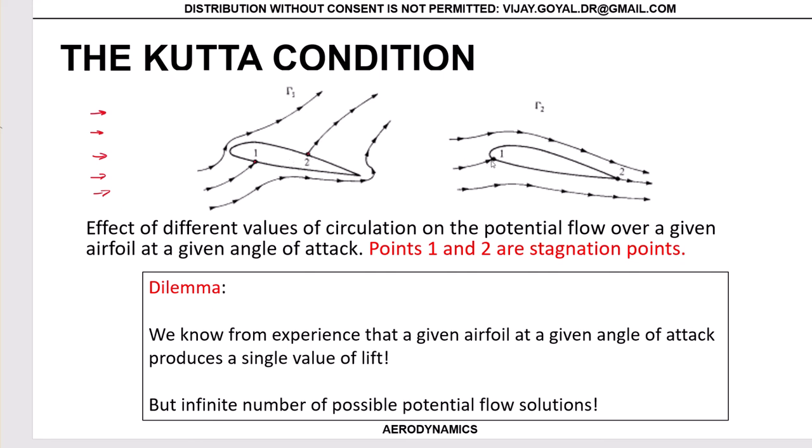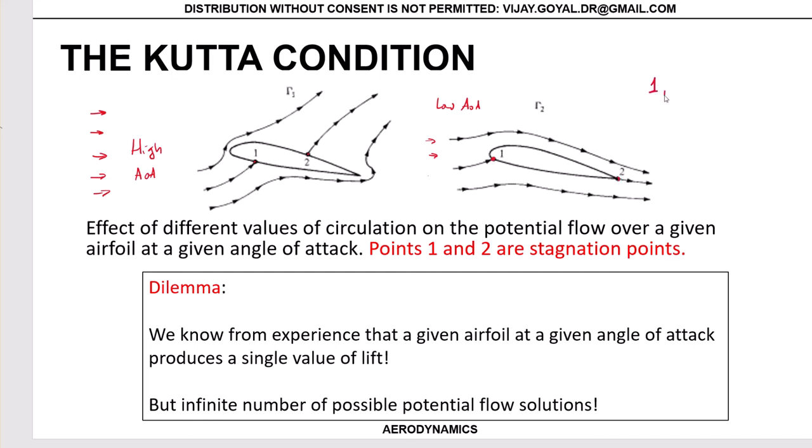If the flow looks like this, it's a high angle of attack. This is a low angle of attack. So in this particular case, your stagnation points will be here and there.